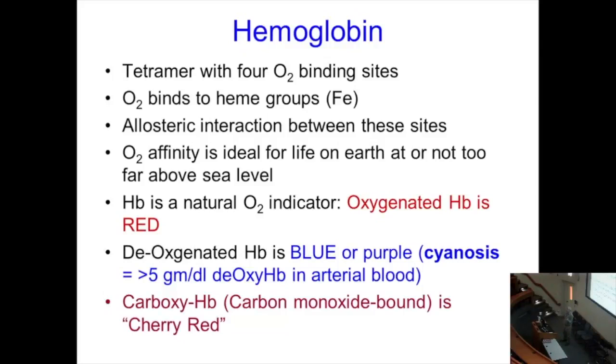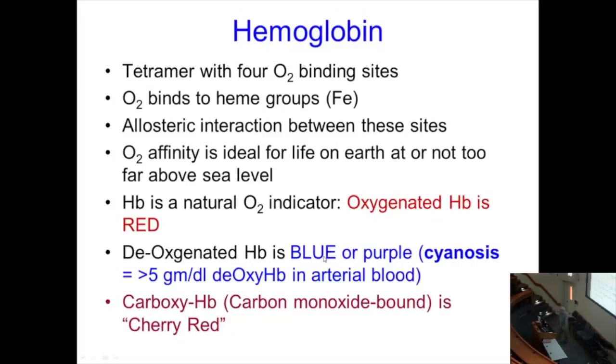And if you see somebody who's cyanotic, you know that their arterial blood has a very low level of oxygen. Okay, they have to have greater than 5 grams per deciliter deoxygenated hemoglobin. Most people have 15 grams of hemoglobin. So 1/3 of their hemoglobin has no oxygen. So their oxygen saturation is down to about 2/3 or lower.